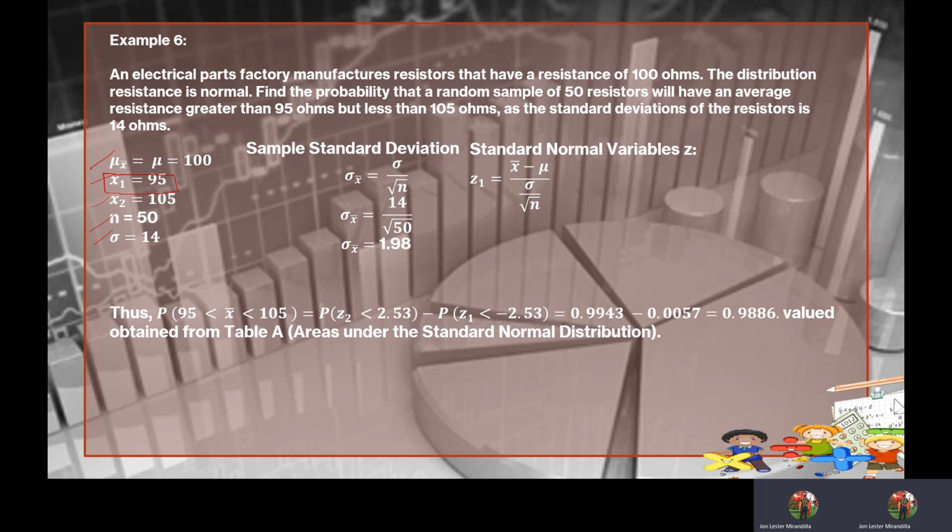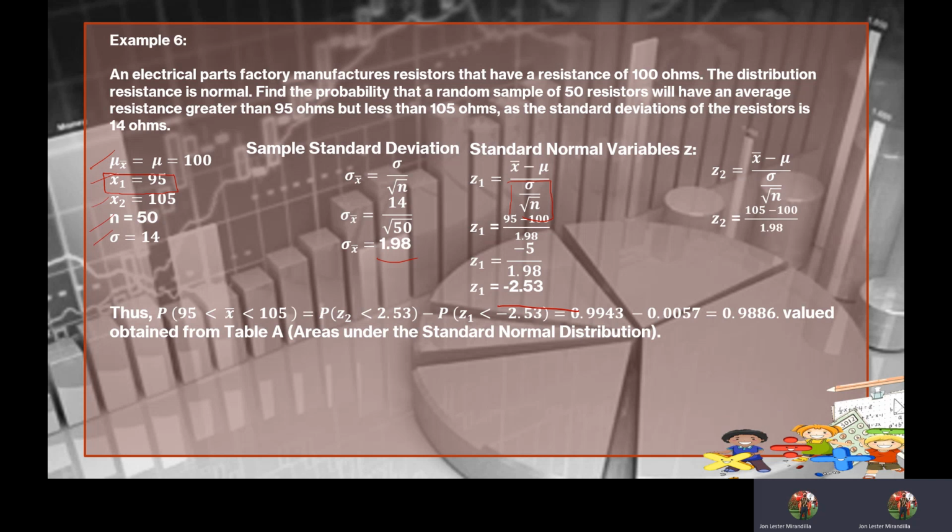So, 95 minus, yung mu natin is 100. 95 minus 100 divided by our sample standard deviation, which is 1.98. So, 95 minus 100 divided by 1.98 will give us negative 5 divided by 1.98. Yung z sub 1 natin is negative 2.53 niyan.